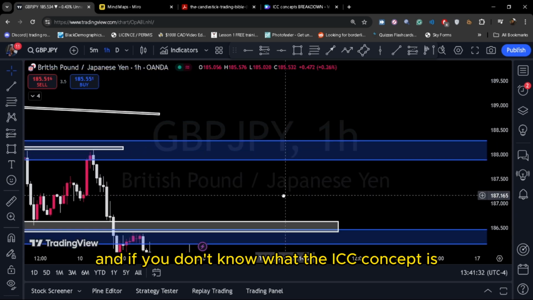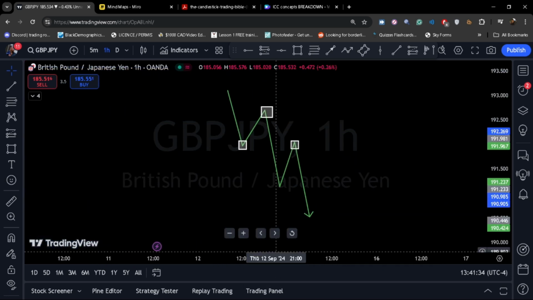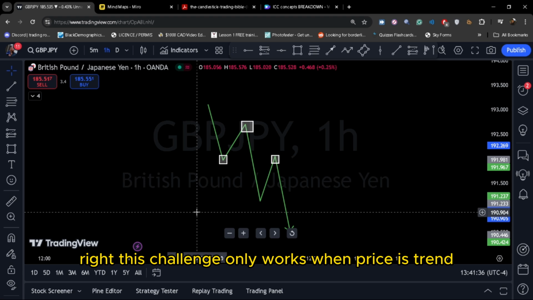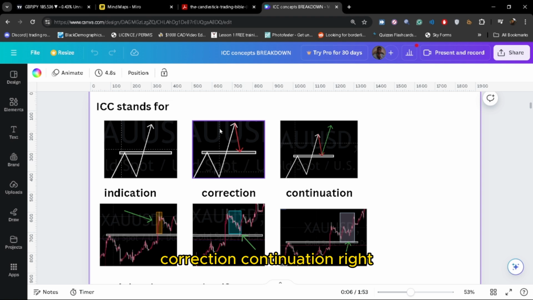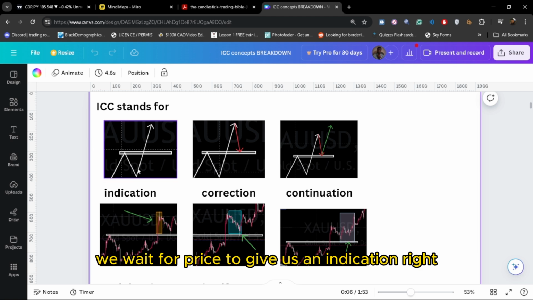And if you don't know what the ICC concept is, it's very simple. This strategy only works when price is trending, and essentially it just means indication, correction, continuation. I did actually make an ebook explaining and breaking down how I traded the ICC concept. But essentially, guys, it just means indication. So assuming price is already trending up, we wait for price to give us an indication. Same thing here.